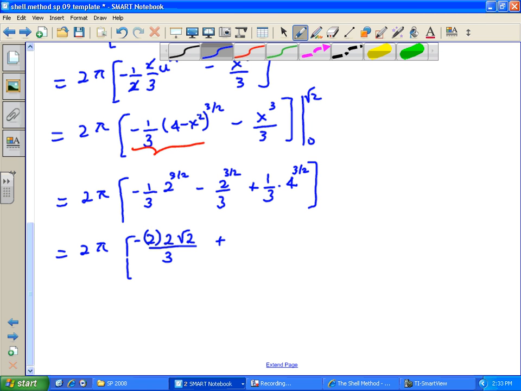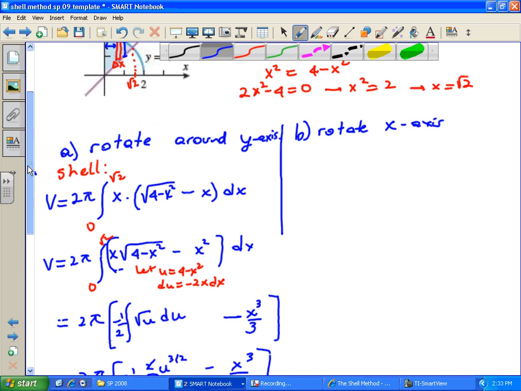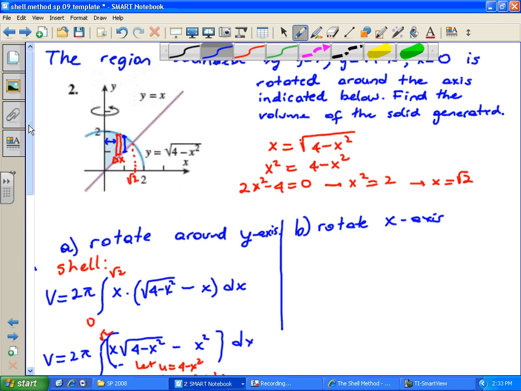Square root of 4 is 2, 2 to the third is 8, so that's 8/3. So if I simplify everything, and I put the positive term first, I will have 8 minus 4 radical 2 over 3. Okay, that's our answer for that part of the question. And again, we had to use the shell method because of the way we selected our rectangle.